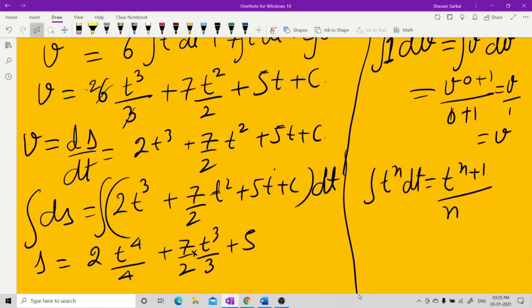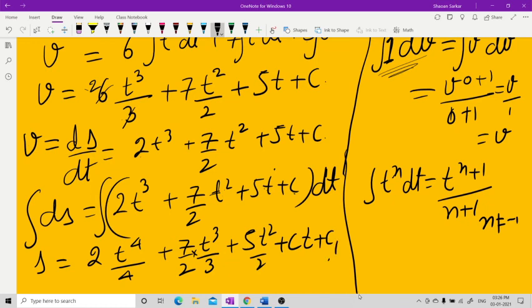T to the power of n plus 1 upon n plus 1, n not equal to minus 1. So now it is t power 1, so 1 plus 1 upon 1 plus 1, that is t square by 2. Now plus c, c has nothing, it will behave exactly like this. So ct plus c1, again a constant of integration.